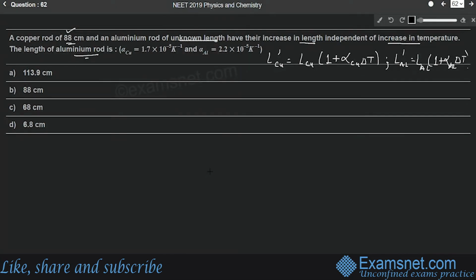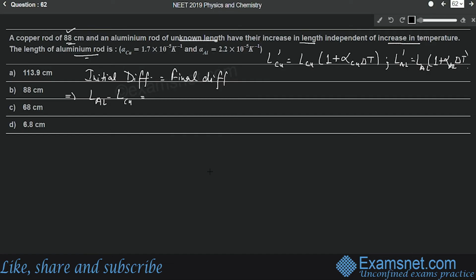Now, we know that before and after the expansion, the difference in length will remain same. Okay, so the initial difference will be equal to the final difference. What is the initial difference? Initial difference is L of aluminium minus L of copper.